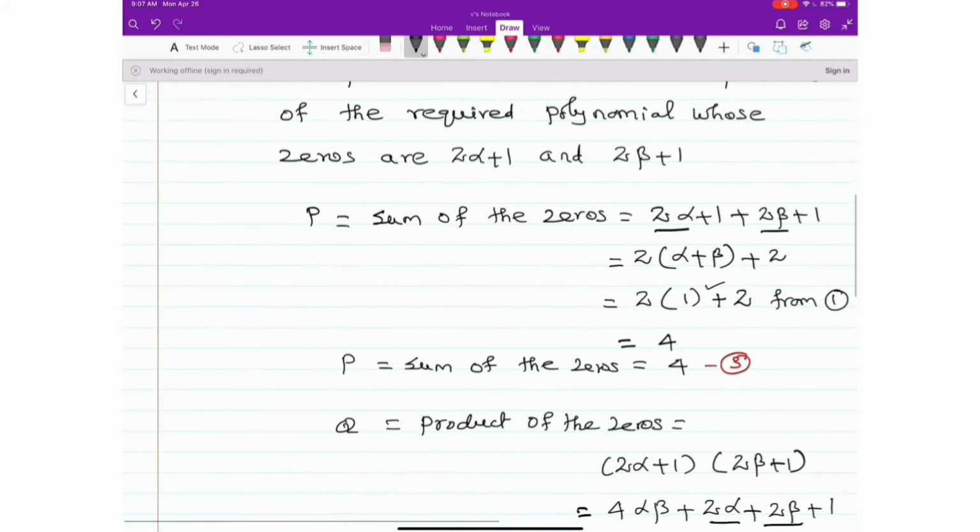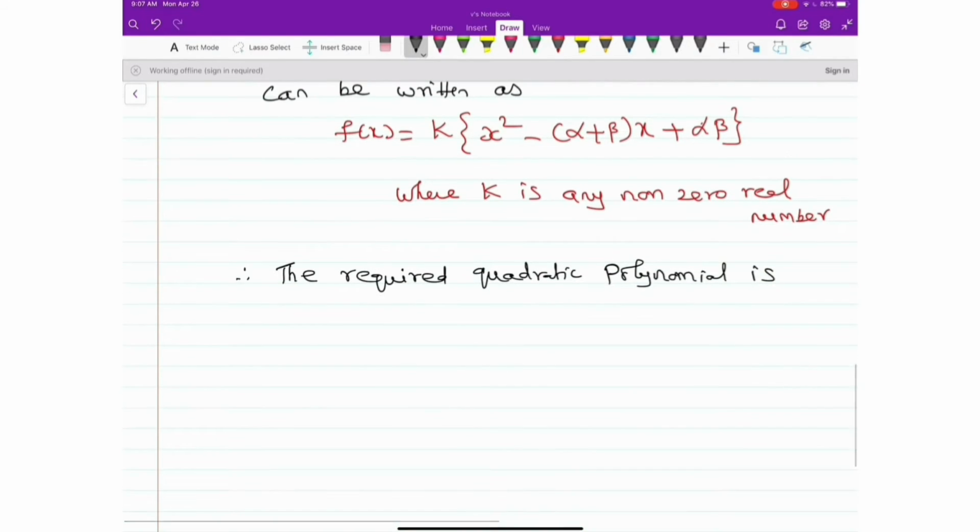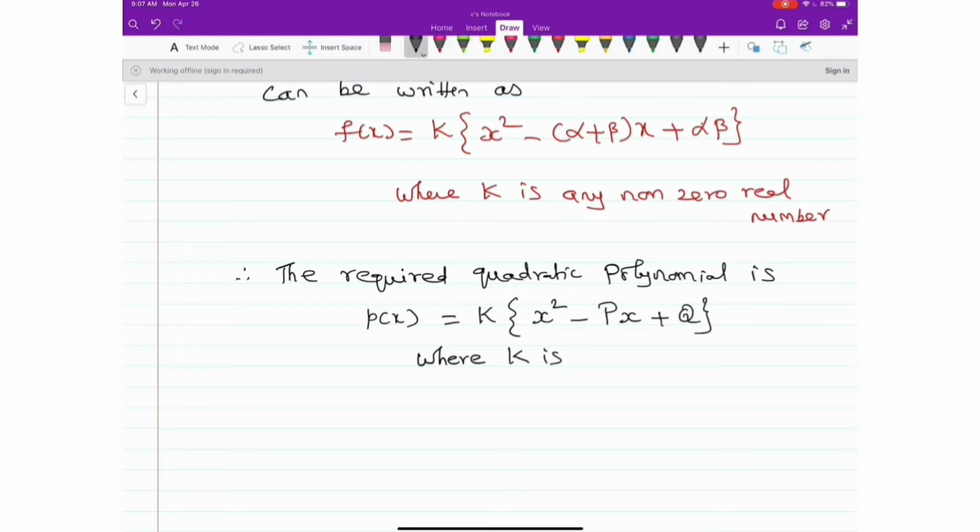So let me take over here some p of x is equal to k into x square minus p x plus q, where k is any non-zero real number.